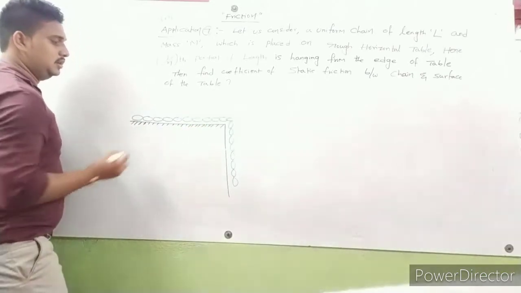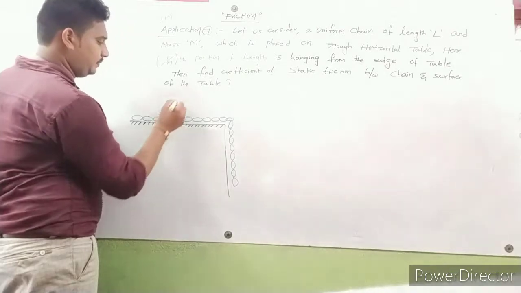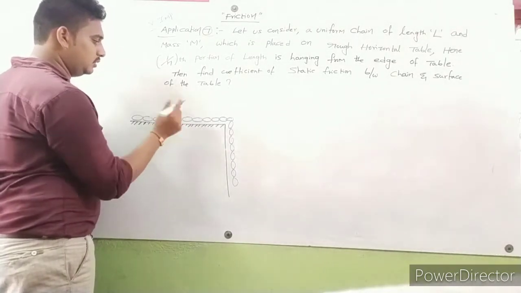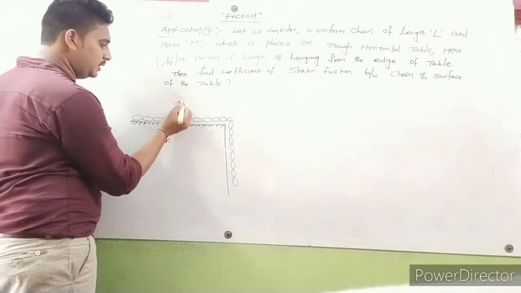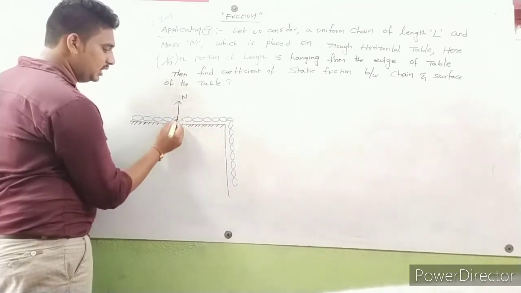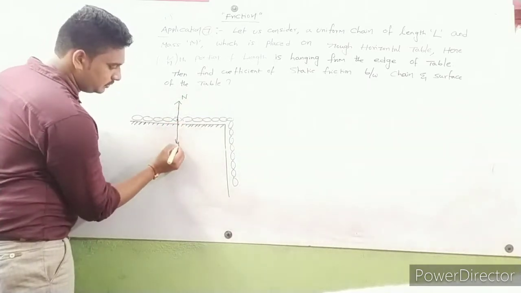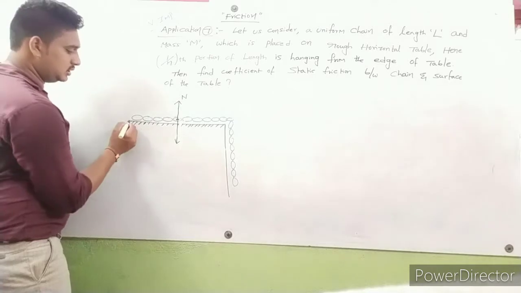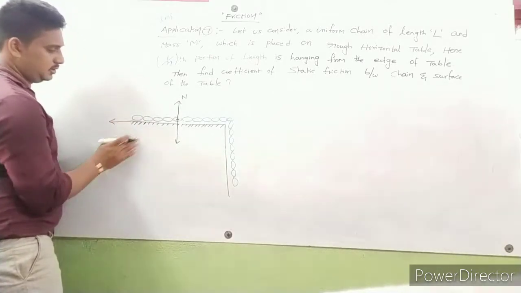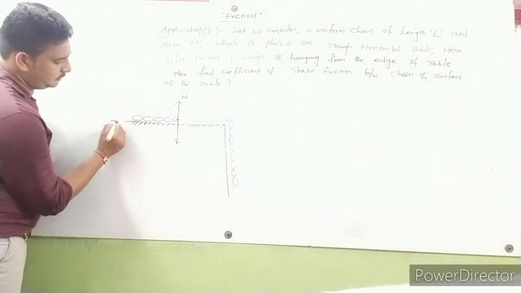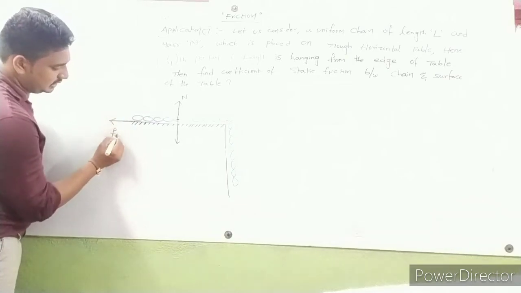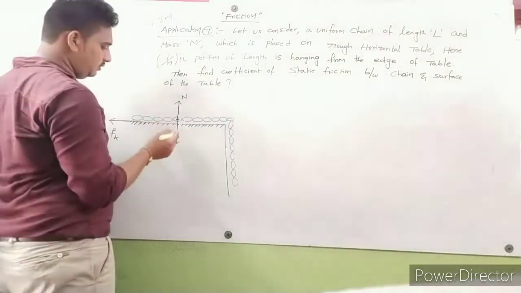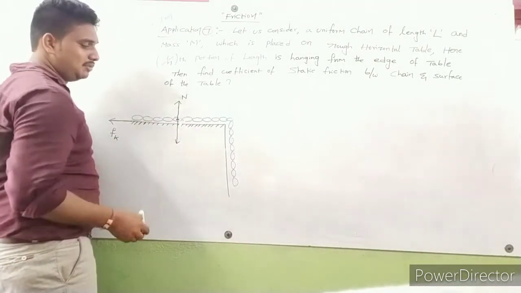For this chain, normal force N acts in the upward direction. Frictional force Fk is acting in this direction.